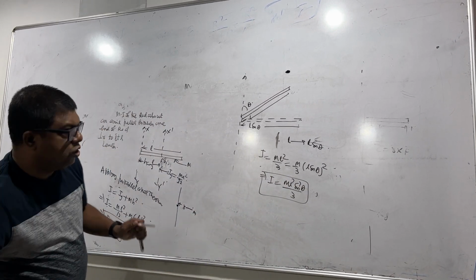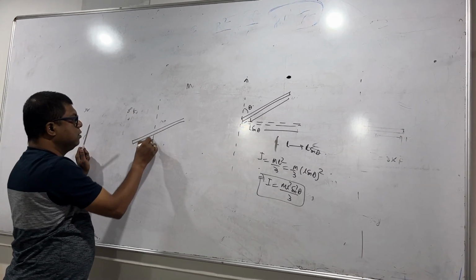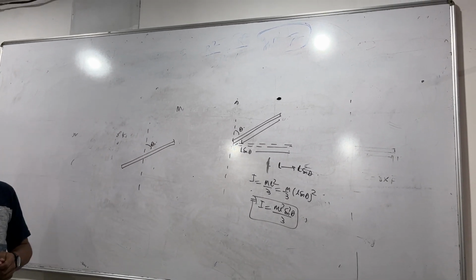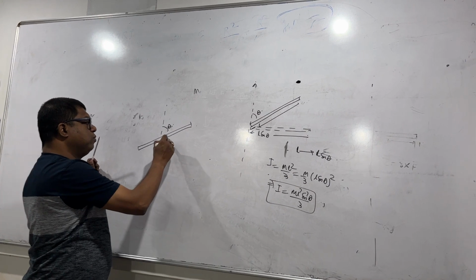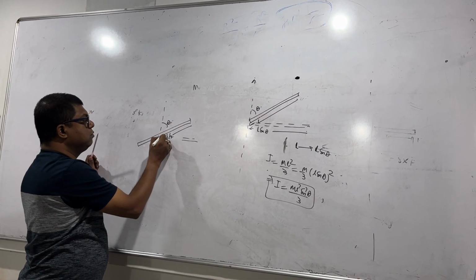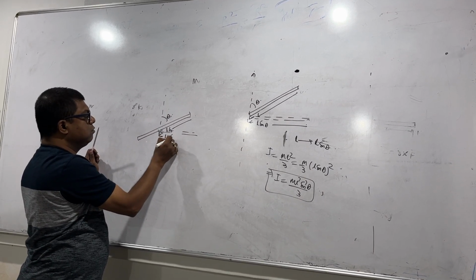And also suppose the rod is like this. This is theta. So this is L by 2, so this is L by 2 cos theta and this is L by 2 sin theta.